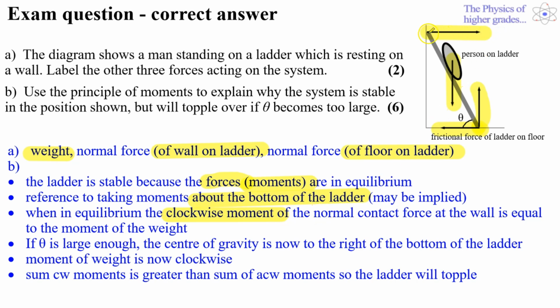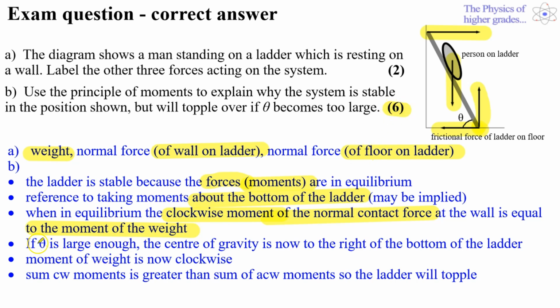But if we identify that the clockwise moment is from the normal contact force, which is trying to make the system turn clockwise, and it is equal to the anti-clockwise moment of the weight acting about the pivot, then we've applied the principle of moments to this situation. So we've got 3 marks there just by saying principle of moments, what's causing the moments, and where the pivot is. That shouldn't be too difficult.